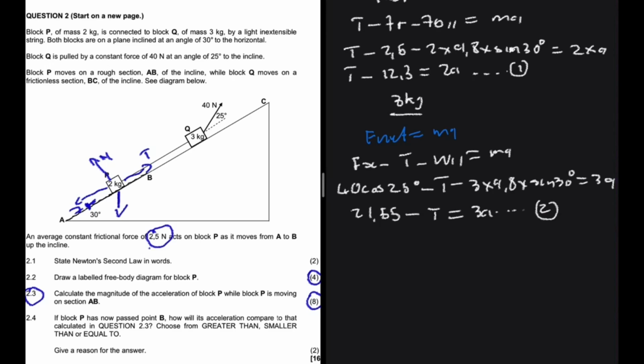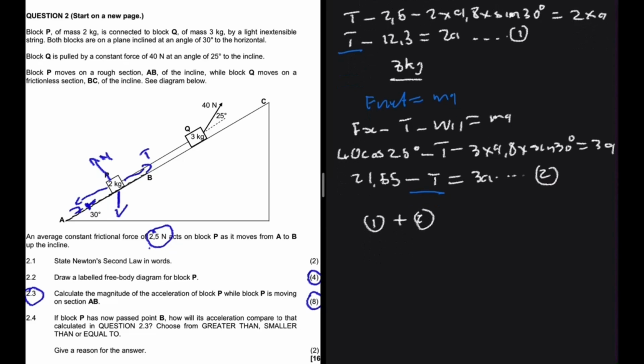The beauty of this kind of equation is that in one equation you have T, in the other you have minus T. So if you add equations 1 and 2, T should disappear and you're going to be left with only acceleration, right? So if we add 1 and 2, we get T minus 12.3 plus 21.55 minus T being equal to 2a plus 3a.